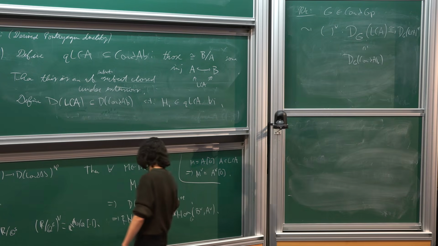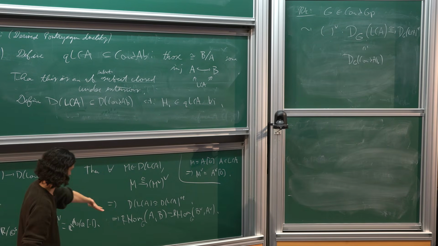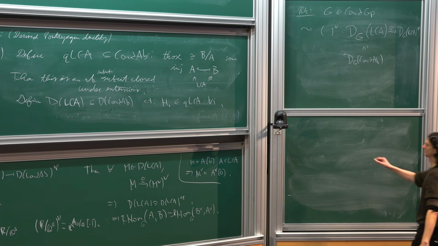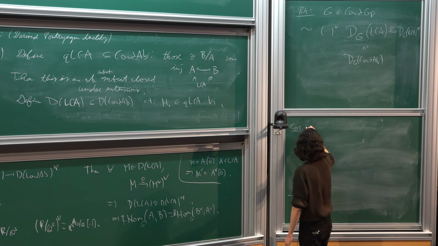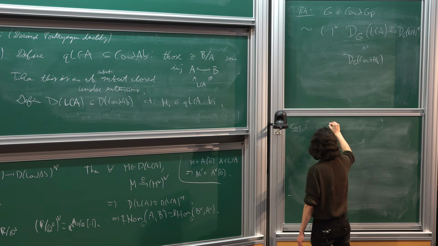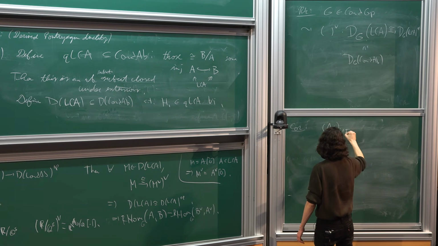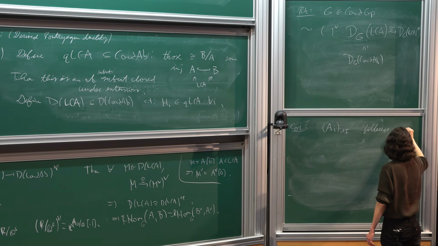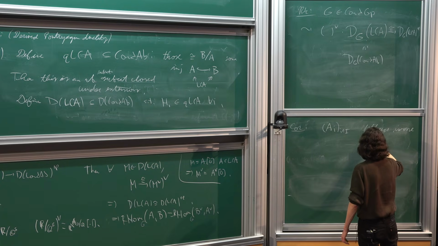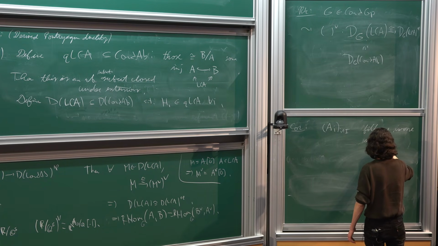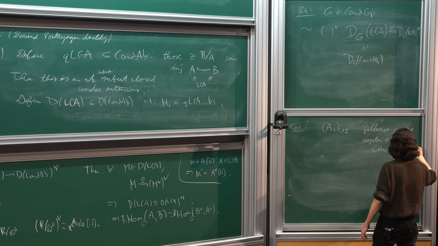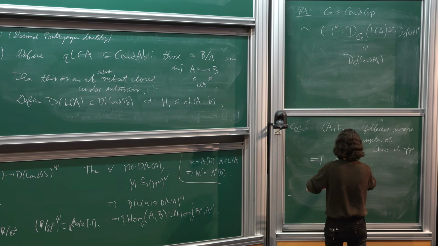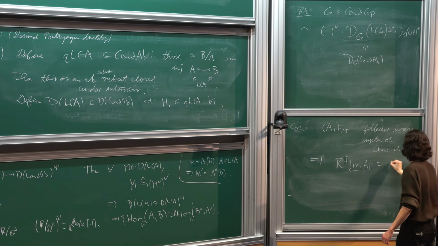So this version with the G action of this derived Pontryagin duality is actually quite useful. We'll see some examples. Let me also give another corollary, which is that if A_i, i in I, is a filtered inverse system of compact Hausdorff abelian groups, then the higher derived limits, lim^j, are equal to 0.